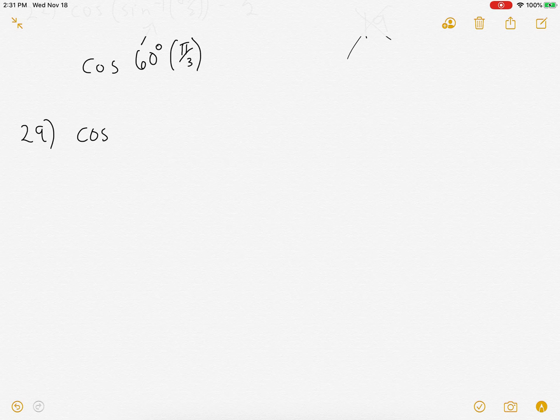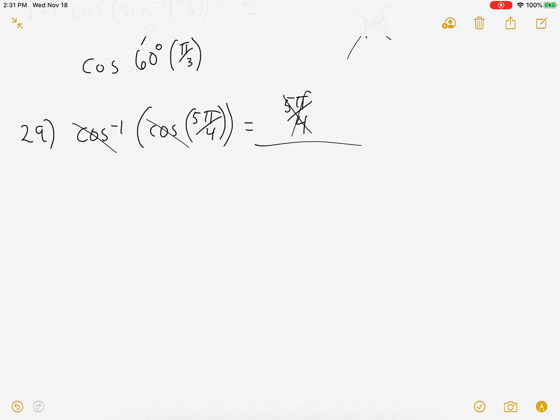Let's go with 29. 29 is the inverse cosine of the cosine of 5 pi over 4. So immediately, most of you will just cross these out because they undo each other, and you will write 5 pi over 4. But that is not correct. Because where is 5 pi over 4? It's down here.